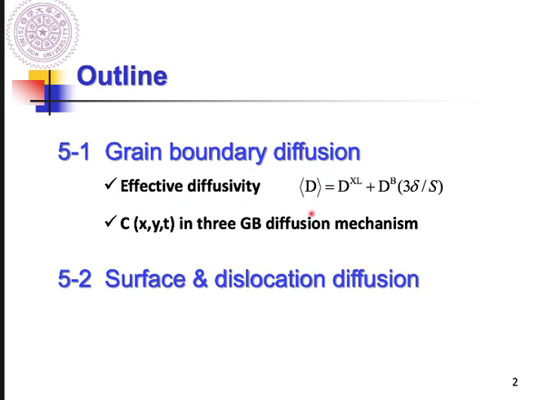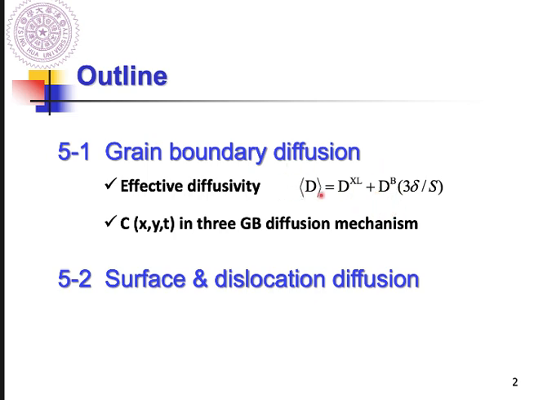It's a measurable diffusibility, okay? And the case we just talked about is the polycrystalline material. Obviously, there are two diffusion paths for the atom to diffuse through this material, right? One is through the grain, the other is through the grain boundary.